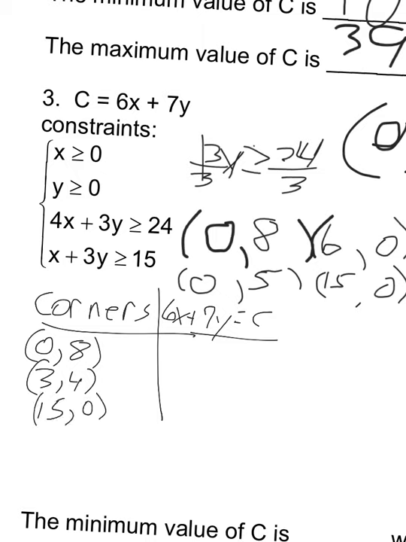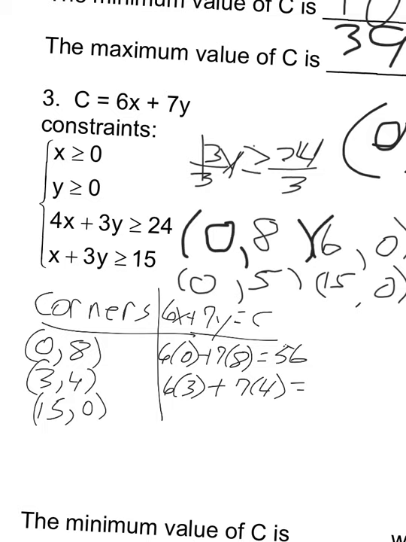Okay, if I plug 0 in on the first one, that'd be 6 times 0 is 0, and then 7 times 8 is 56, so that's 6 times 0 plus 7 times 8 equals 56. And our second one, that's 6 times 3 plus 7 times 4. That comes out to a total of 46. And finally, 6 times 15 plus 7 times 0. That comes out to a total of 90.